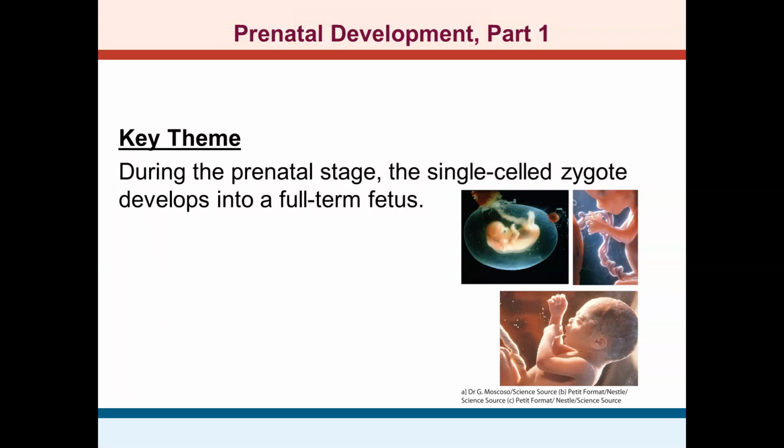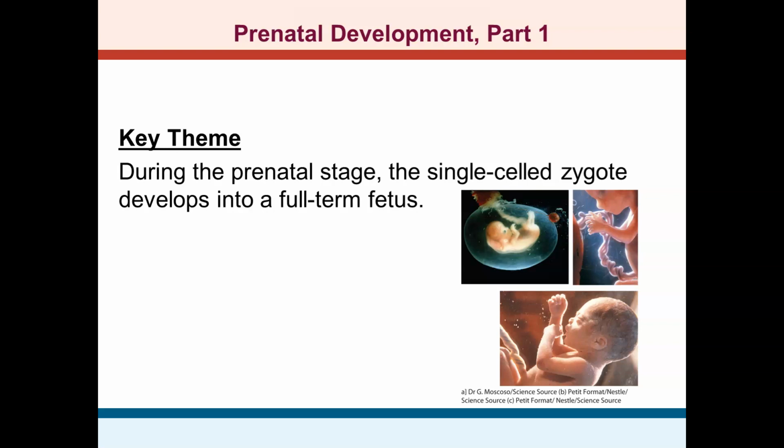Okay, so we're going to start going into the various phases of development. According to developmental psychologists, neurobiologists and neuroscientists, they're all interested in all of these factors. First of all, the very first phase of development is what's called prenatal development.